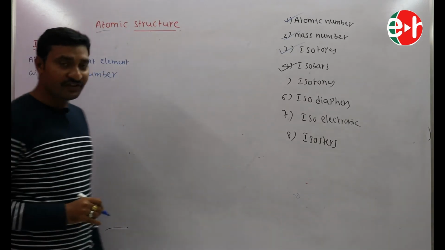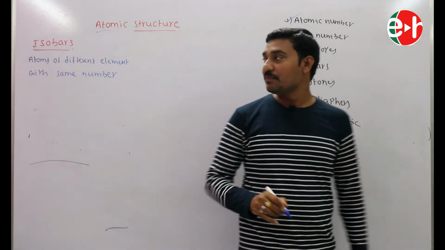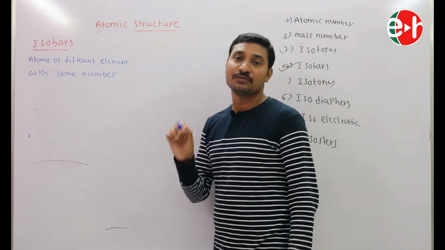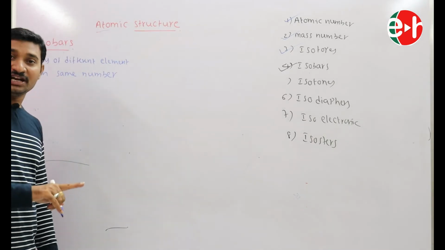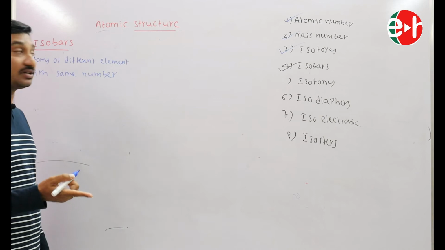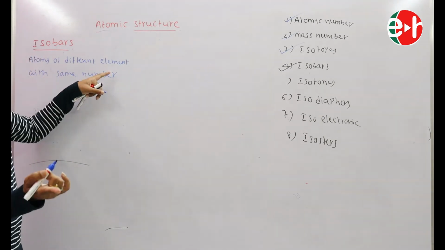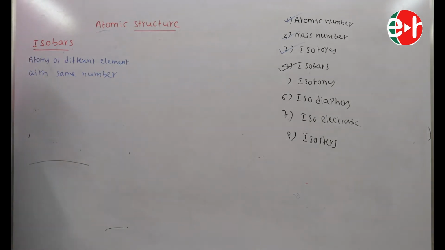Atoms of different elements with the same mass number are called isobars. But isotopes are atoms of the same element with different mass numbers, whereas here they are atoms of different elements with the same mass number.